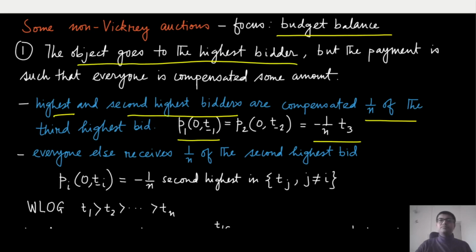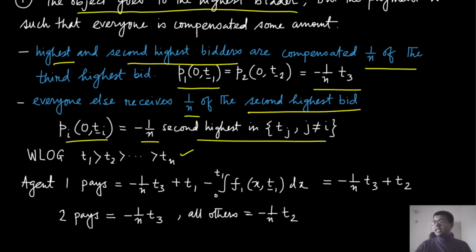Everybody else, except the first and second highest bidders, gets 1/n of the second highest bid. So pi 0 comma t minus I will be minus 1 by n times t2.